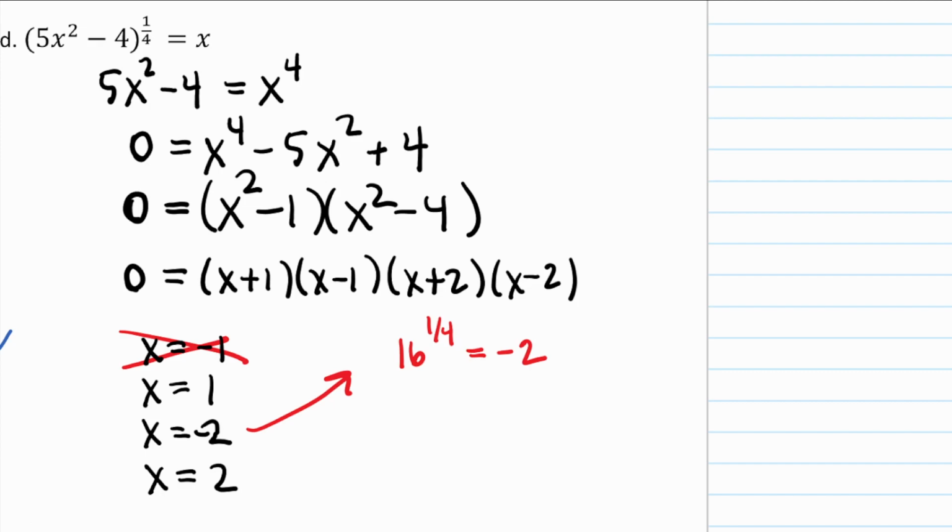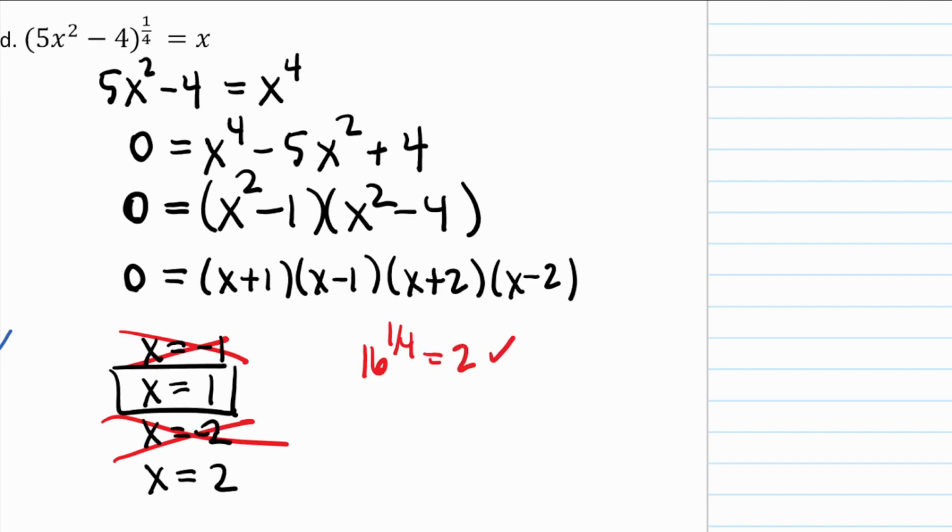No. 16 to the 1/4 power is the positive 4th root of 16, and that's going to be positive 2, not -2. That one's extraneous, but x equals 2, that feels right to me. 5 times 4 is 20, minus 4 is 16, to the 1/4 equals positive 2, that's great. So my two solutions are x equals 1 and x equals 2.